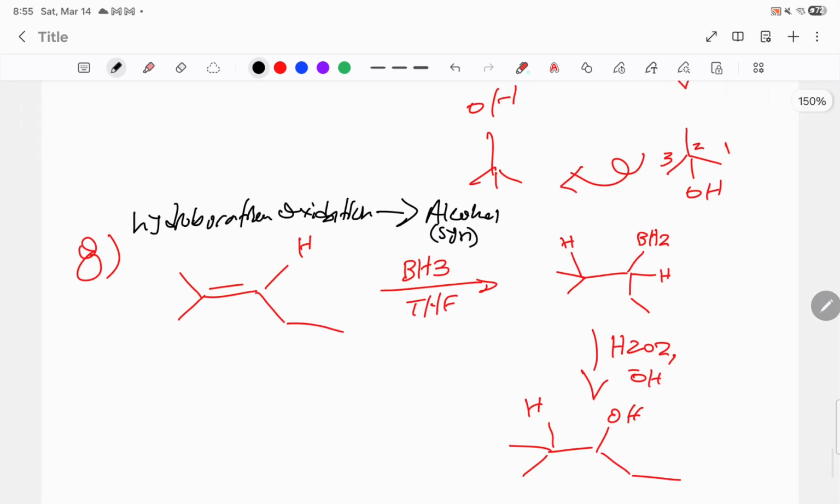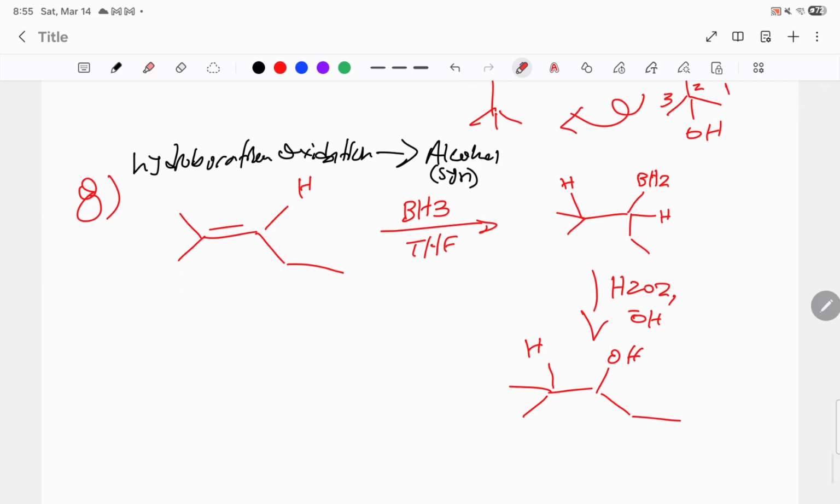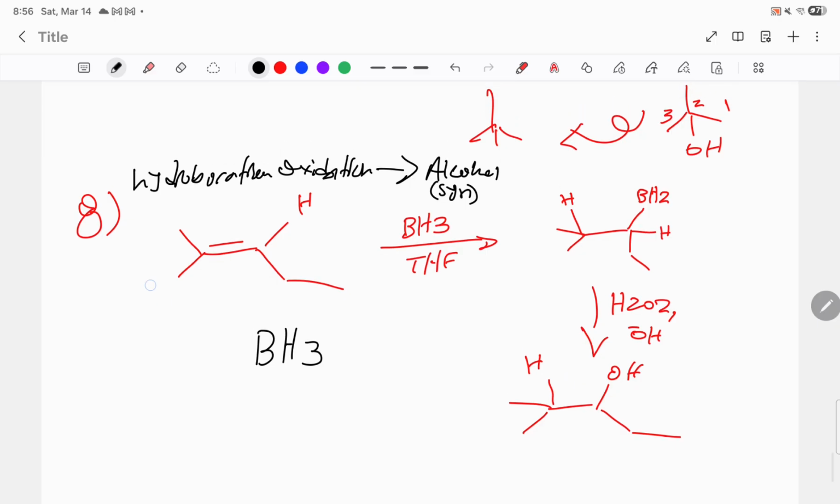Okay, meaning it's added in a very stereospecific manner. So let's take a look at the understanding of this. Here's a BH3. This is read as a borane. Okay, so this is a borane, not the same thing as our kind of BH4 that we had, the sodium BH4. That was borohydride.